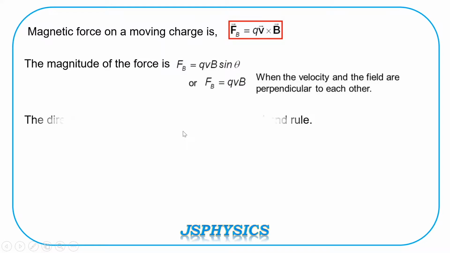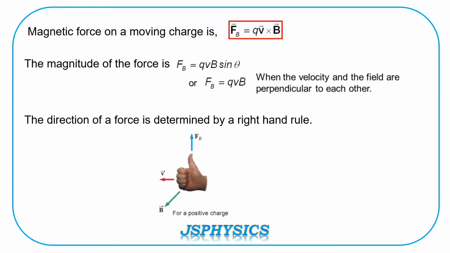Also, the direction of the force we can find by using the right hand rule. We have to use the right hand rule to find the direction of the magnetic force. To find the direction, we curl the fingers of the right hand from the velocity vector to the magnetic induction vector.